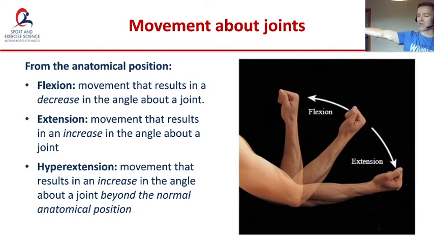If I were to bend my elbow, I am decreasing the angle at that joint. Now we've got a 90-degree angle at that joint, so it's gone from 180 degrees, open here, to 90 degrees here, so the angle at the joint has decreased, so we would say that that elbow has been flexed.